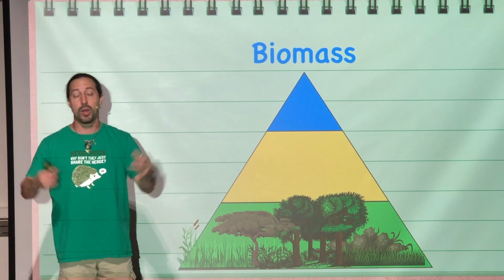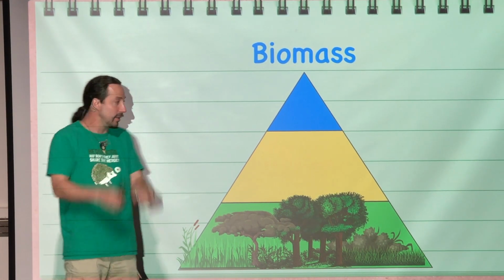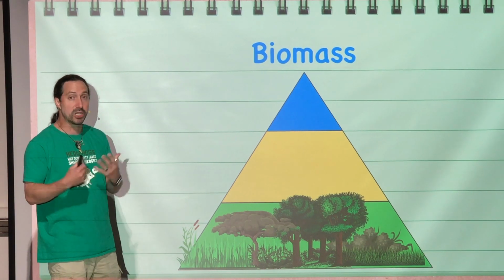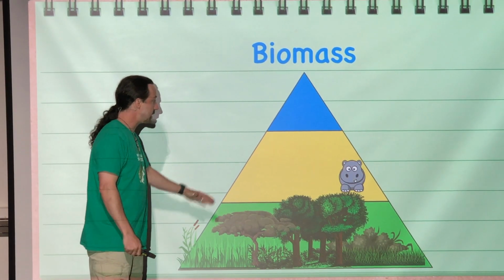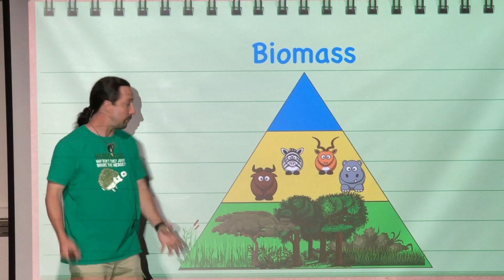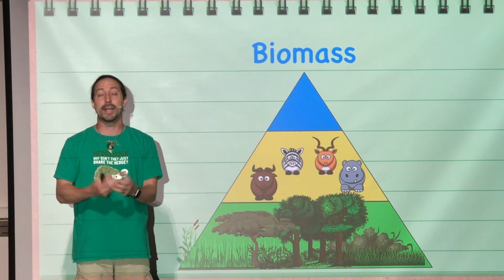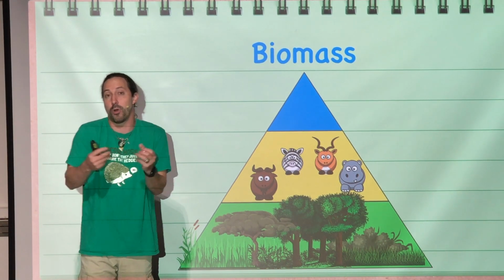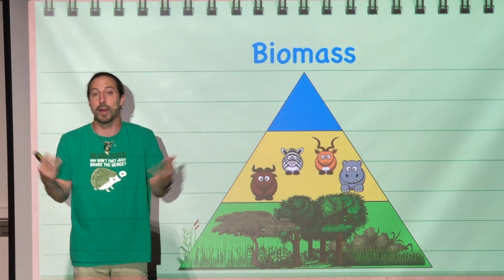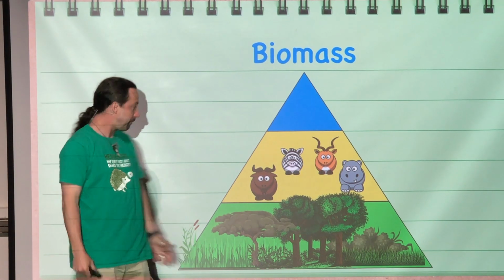If we took all of the mass of those primary producers within a given area, it is going to be much more than the mass of all of our primary consumers. The primary consumers might be very large organisms. We might have a hippo, for example. That's a large organism. But in comparison to the mass of all the grass that would actually be around that hippo, the hippo is not nearly as massive.